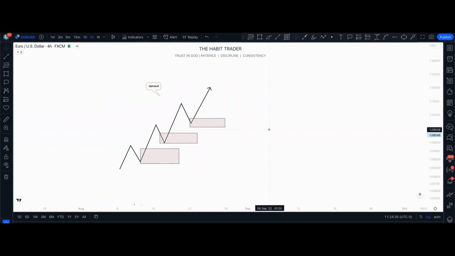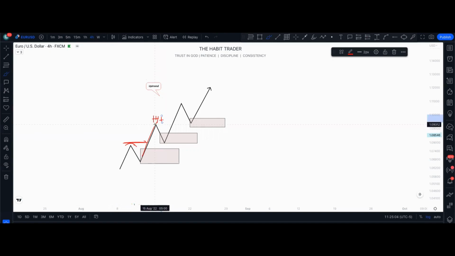So every time that the market goes up, like when it breaks this structure here, or this higher high, this bullish move becomes a new higher high.